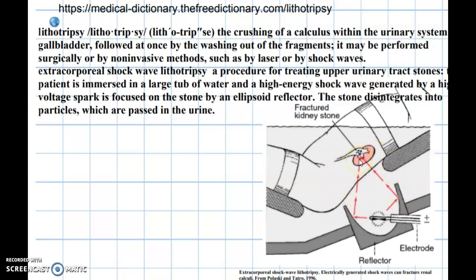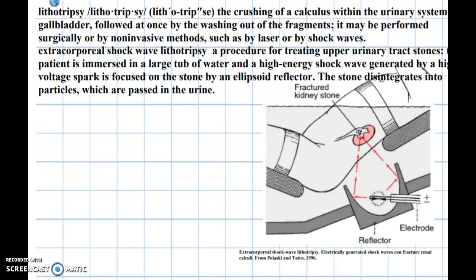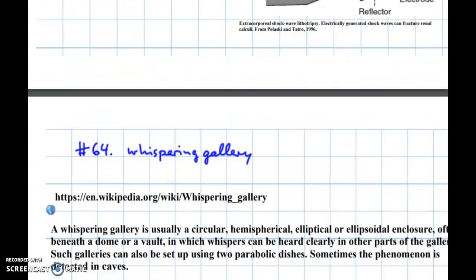So this would be the other focal point, and that's a special property of an ellipse: when you send it out from one focal point, it will radiate to the other focal point. That's what's called a lithotripter, and it would then destroy the kidney stone with sound waves.